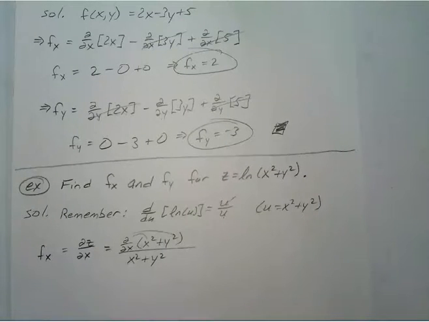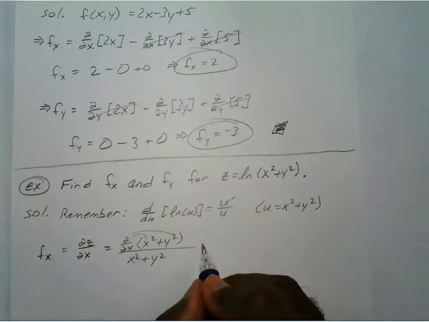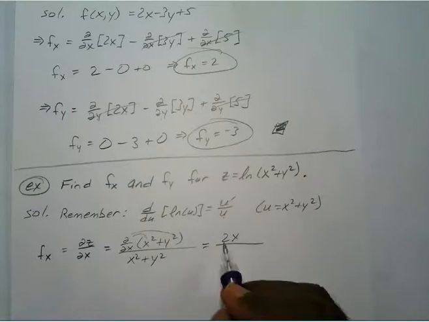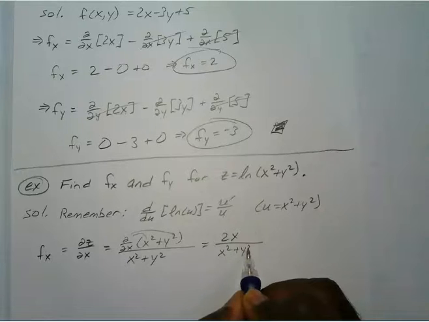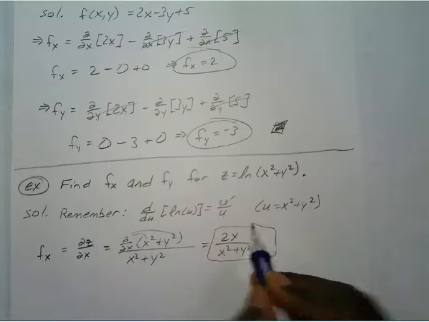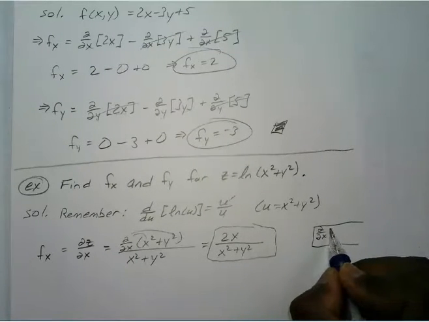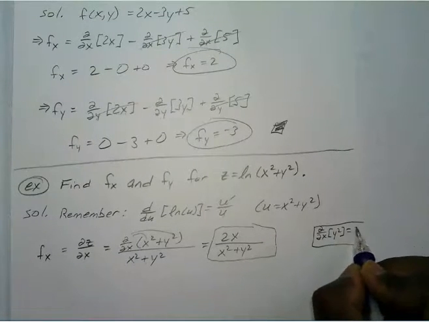If we take the derivative of both of those terms, the derivative of y squared with respect to x, remember, with respect to x, it treats the y as a constant. So the derivative of a constant is 0 here. The only one we really have to worry about is the derivative of the x squared. So that's just 2x, over your x squared plus y squared. Of course, that is because the partial with respect to x of y squared is equal to 0.